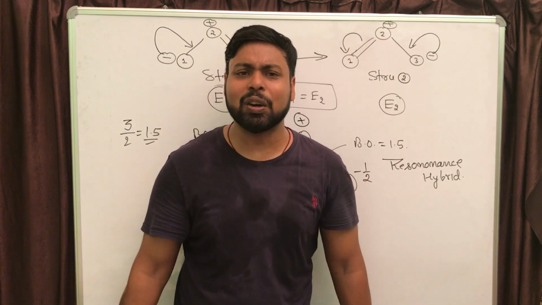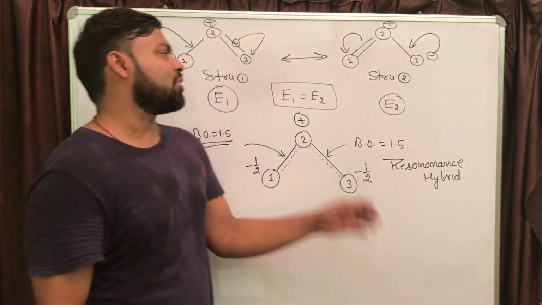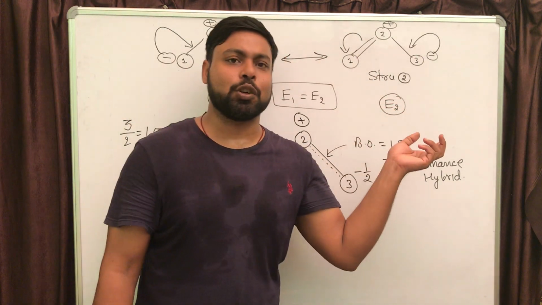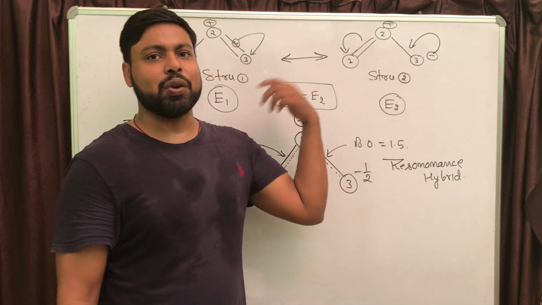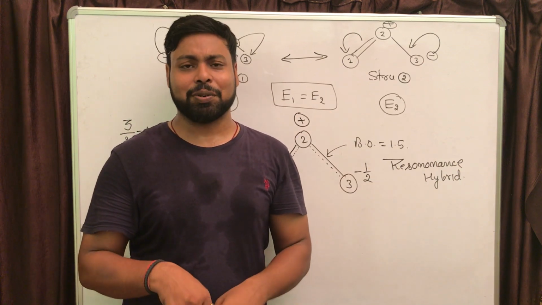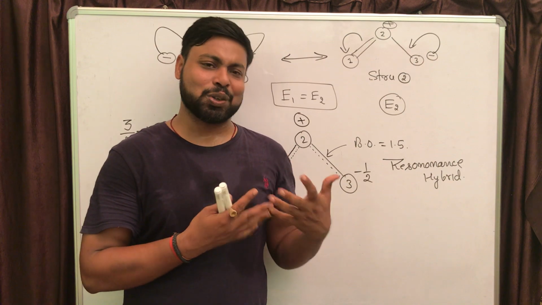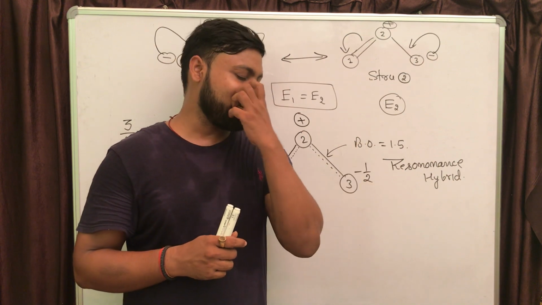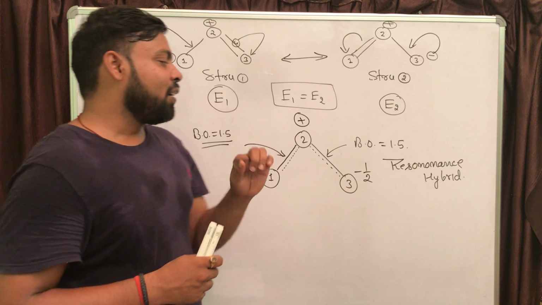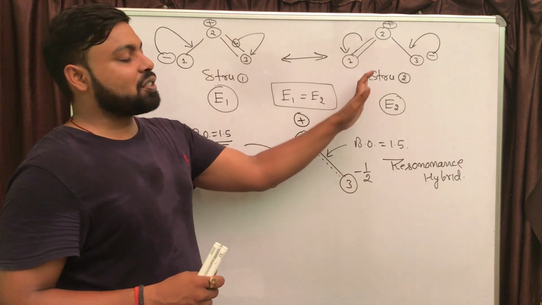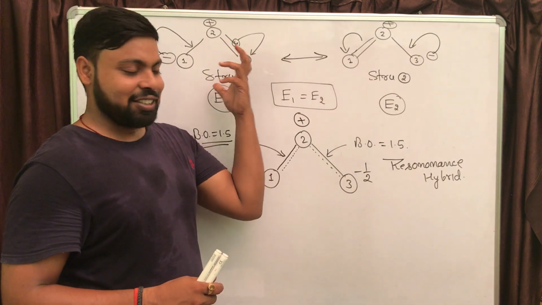There is nothing going to happen where structure 1 flips into structure 2 or structure 2 flips into structure 1. There are no such stories in resonance. That is totally wrong. These are individual structures and definitely not existing.